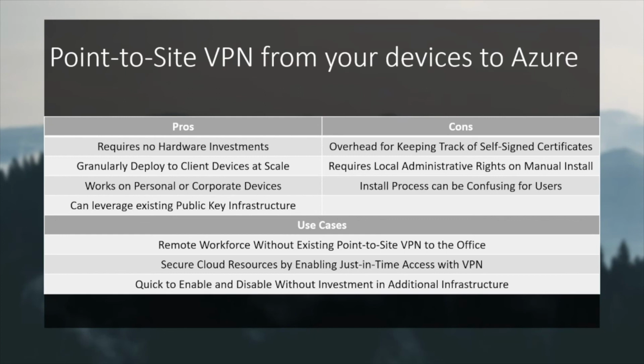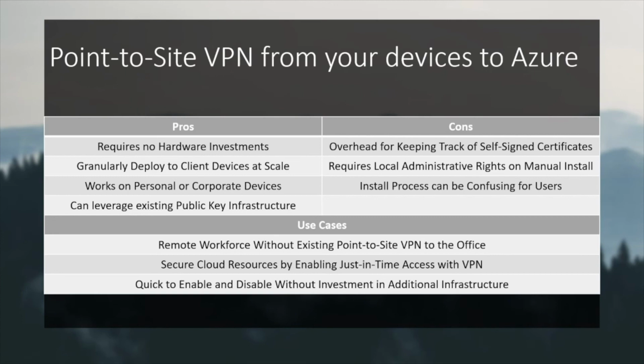The benefit of securing cloud resources by enabling just-in-time access is that you are not exposing your Azure VNets to the public internet by way of just assigning a public IP. The only part of your Azure infrastructure exposed is the edge network, which is the Azure VPN concentrator, or the Azure virtual gateway, they call it.